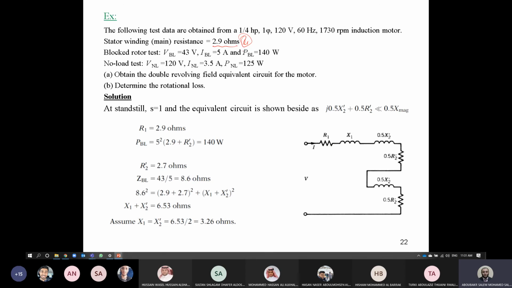So we have two different tests. One is called the blocked rotor test, which we test the machine when we supply it by small value of volt and lock the rotor in order to not allow the rotor to move. For that, the current will be high. So here, I blocked rotor equals 5 ampere, even if the volt is 43 volt, and it's written here, the motor volt is 120.